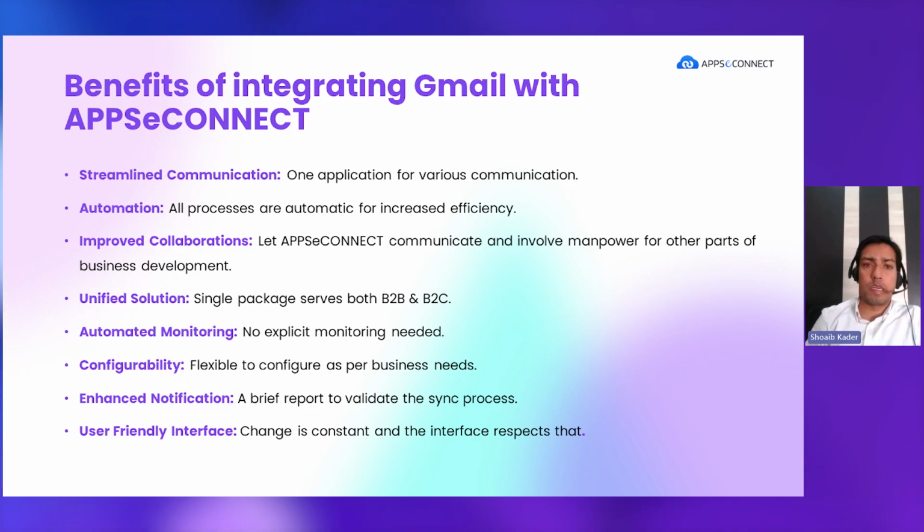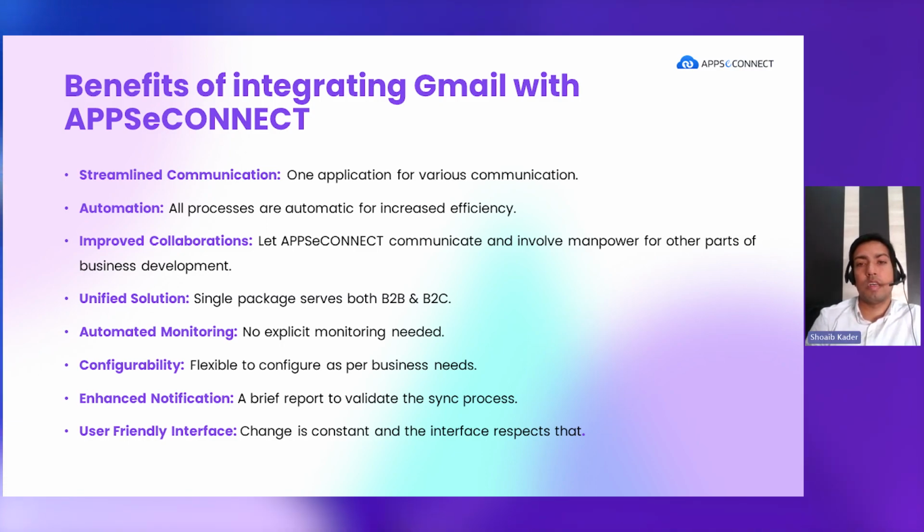So now the second benefit is automation. All processes are automatic, right? It increases the efficiency. Even if you increase the load of the data sync, AppSeConnect has the capability to cater to that, right? You don't have to think about it. So the efficiency has also increased with the automation. Improved collaboration.